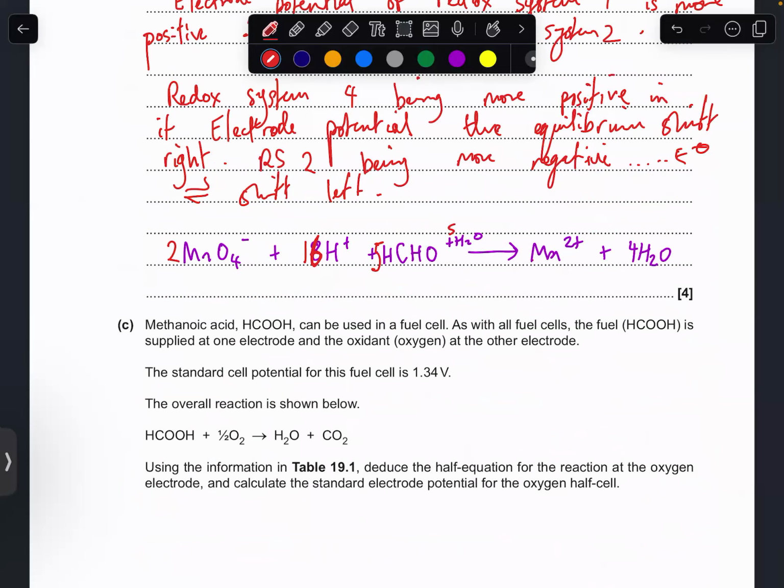And that goes on to give you, so we're going to put a times that by 2 and times this by 2.